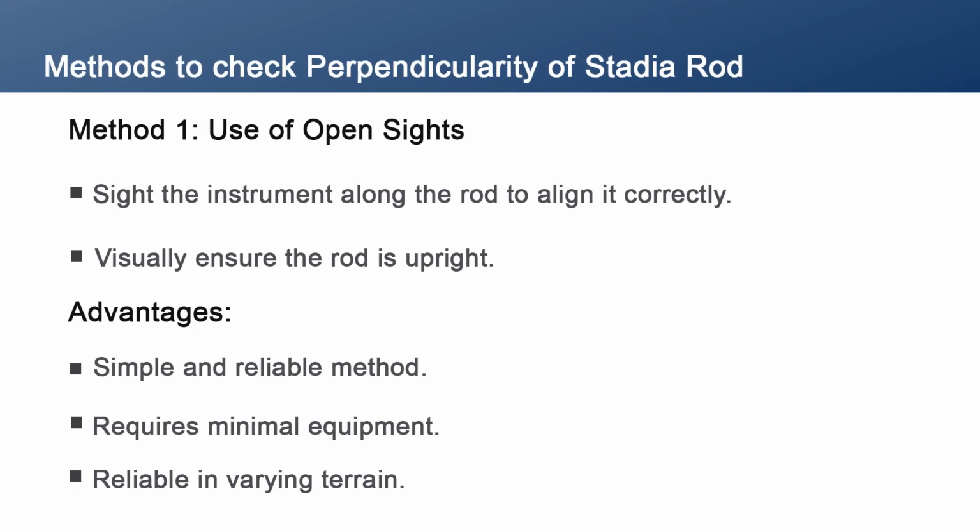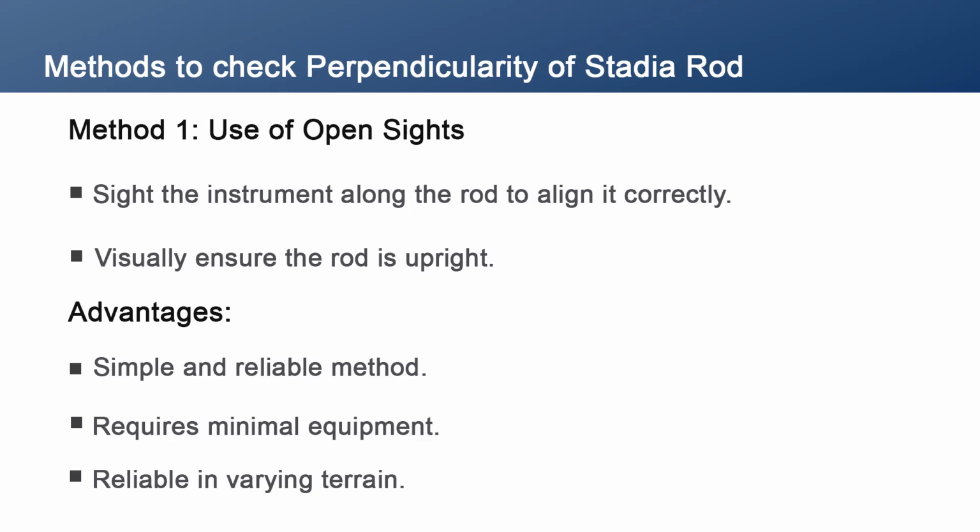One common method to check the perpendicularity of the stadia rod involves the use of open sights. This technique entails sighting the instrument along the rod and ensuring it is aligned correctly. The observer uses the open sights to verify that the rod is perfectly upright and perpendicular to the line of sight.